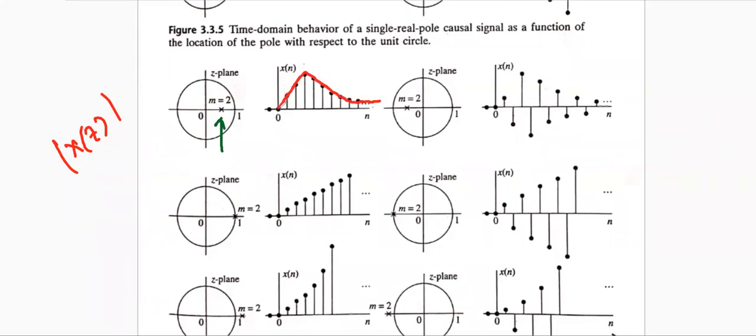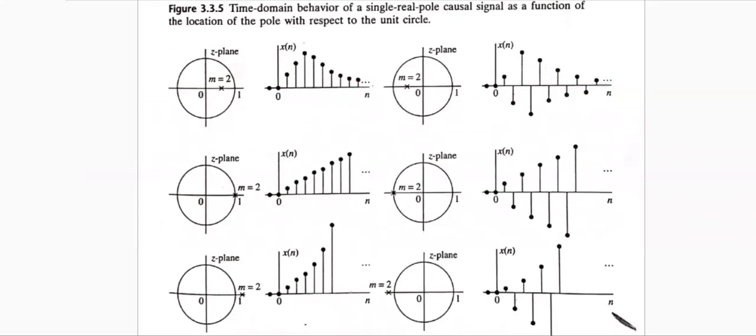At the very beginning it gives some higher value, it grows to a maximum, and afterwards it decays. Similarly for negative values, where we have two poles, it again gives some higher positive or negative value, and then afterwards it decays.